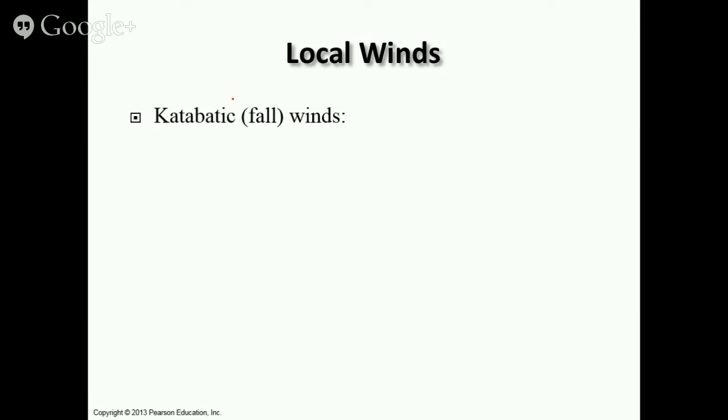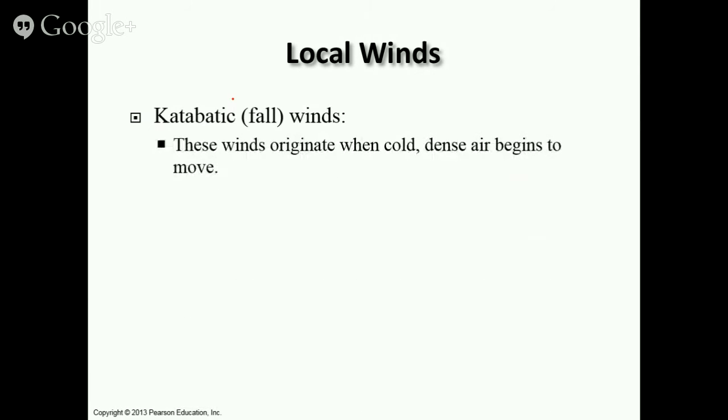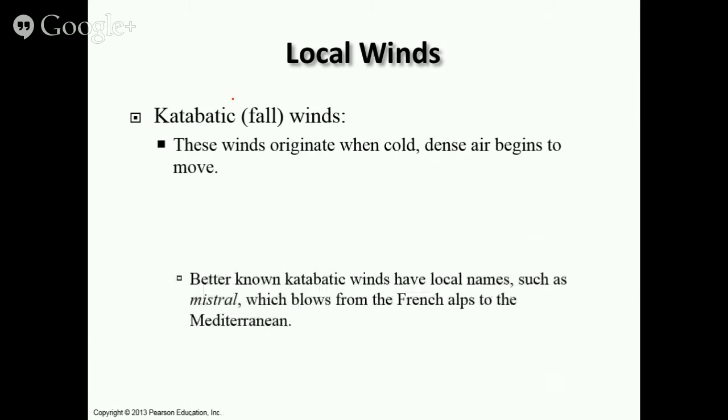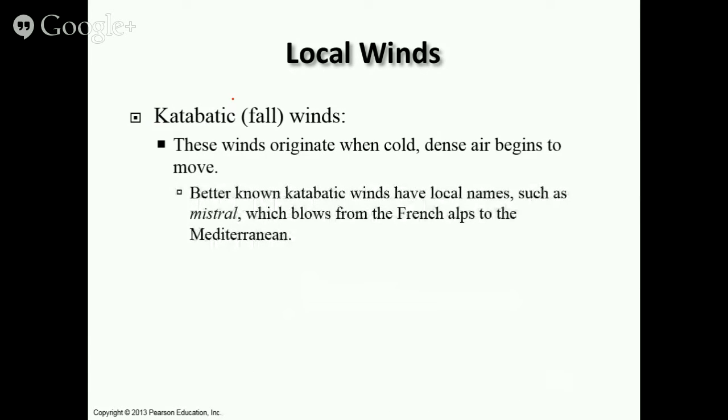Katabatic winds, fall winds. These are winds that are affecting different types of aspects within the atmosphere. Basically, when cold, dense air begins to move, we get these winds. Sometimes they're referred to as mistral winds, and that's when we see this type of flow from the French Alps to the Mediterranean.